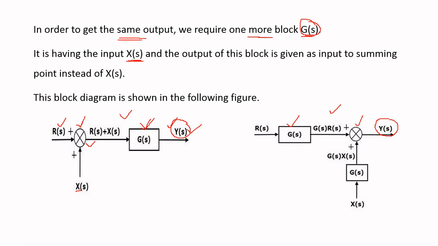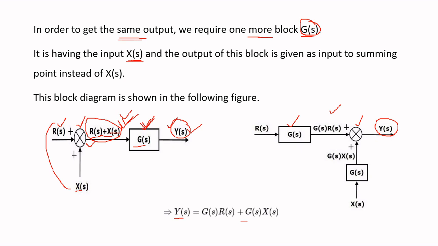The output of this summing point is the summation of these two inputs, that is r of s plus x of s. This summation is multiplied by g of s. So we get the output y of s as r of s into g of s plus x of s into g of s. That is the output from this block diagram.